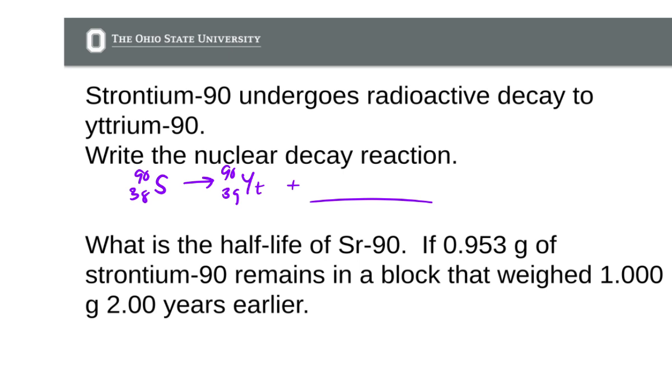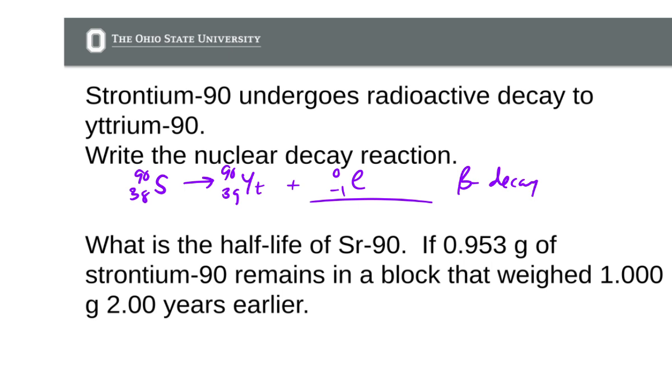All right, what do we get? Yes, an electron. So it could decay by beta decay, beta emission.